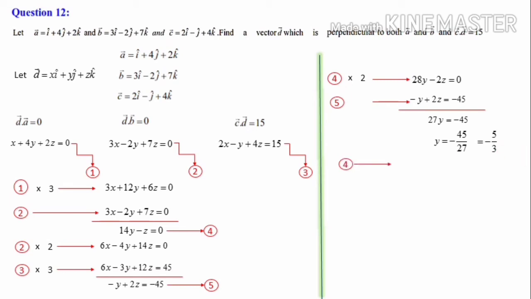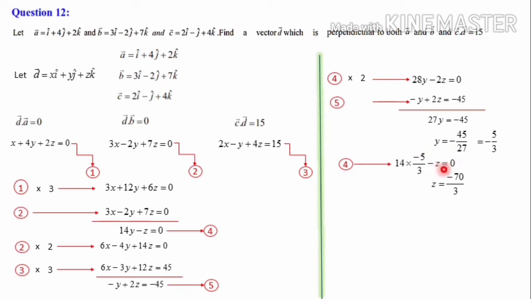Then take equation number 4 and substitute the value of y. We get 14 into minus 5 by 3 minus z is equal to 0. That is, 14 into minus 5 is minus 70, so minus 70 by 3. When it goes to the right side, it becomes plus 70 by 3.